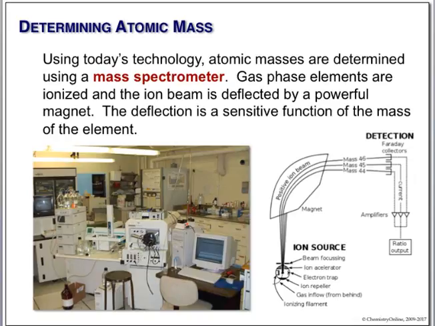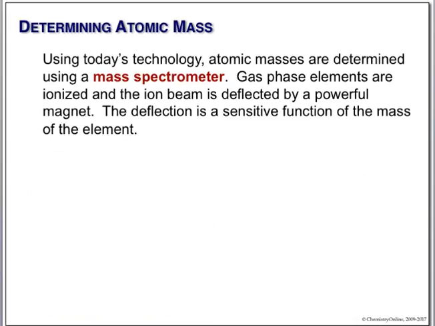You accelerate it down this little pathway, and it would just keep going straight, except you hit it with a magnet. There's a big magnet. The magnet will bend the beam because the beam is charged. The amount that it bends it depends upon how much it weighs. Heavier things aren't bent as much, lighter things are bent a lot.